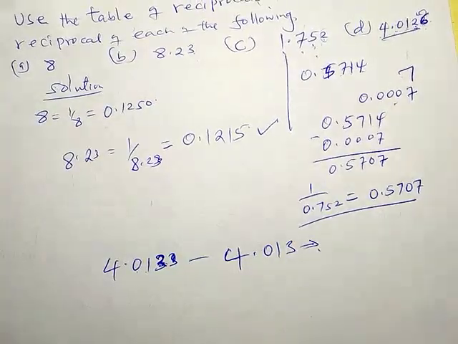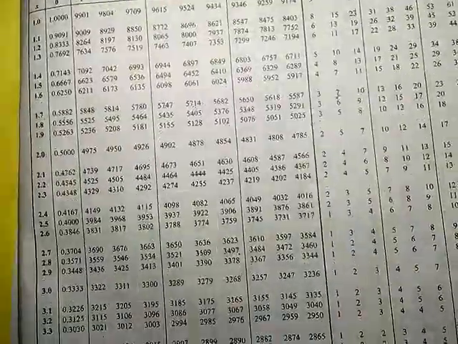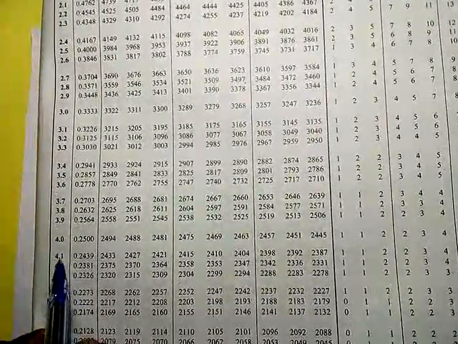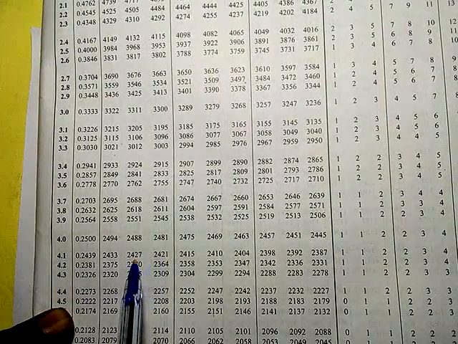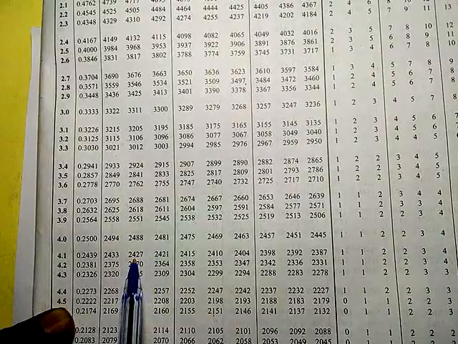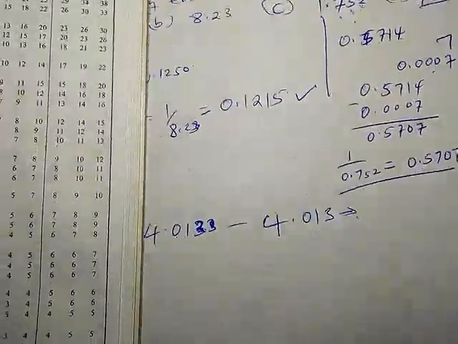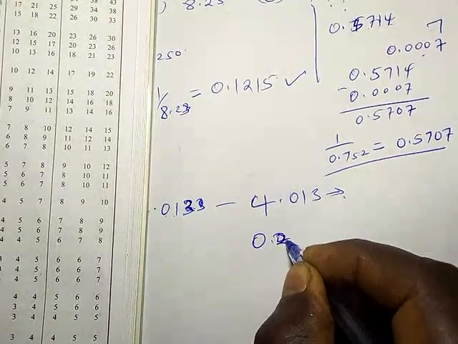4.013. So go to your table. 4.1 is here, 4.1, and then 2. 2 is here. So we have 0.2427. So you write it down.